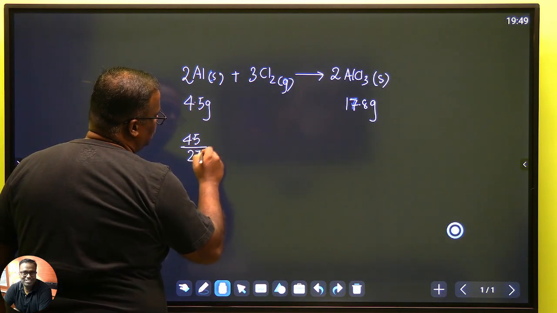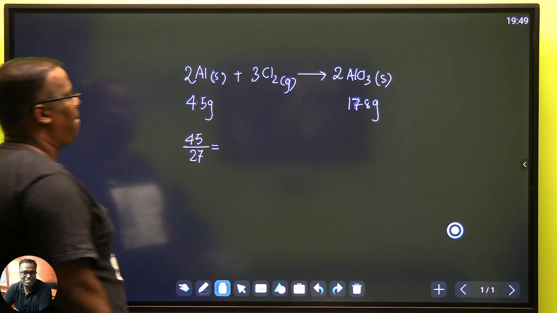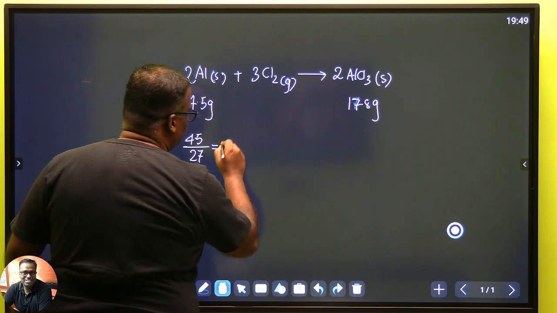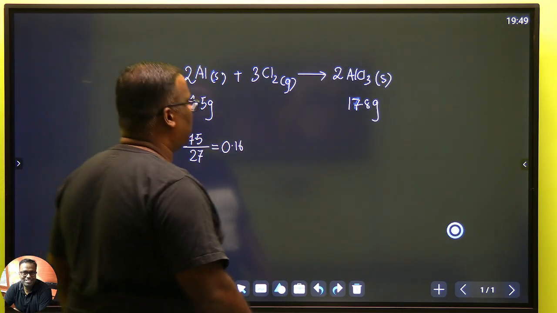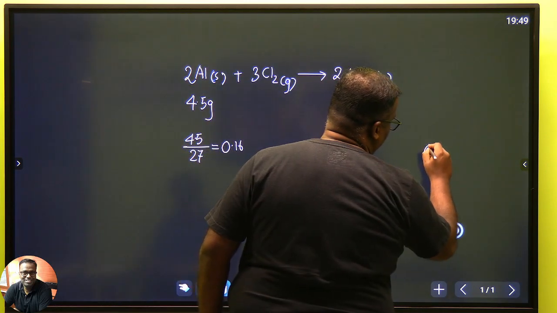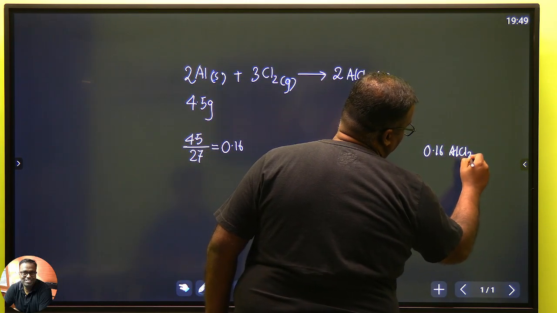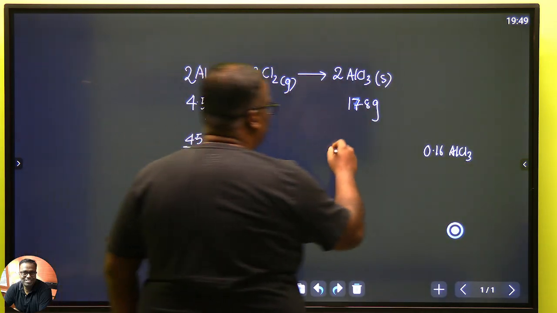Tell me how much moles of aluminum did you have? 0.16. So ideally I should also get how much? Ideally I should get 0.16 of AlCl3. Yes or no? If 2 moles give 2 mole. But how much did I get?